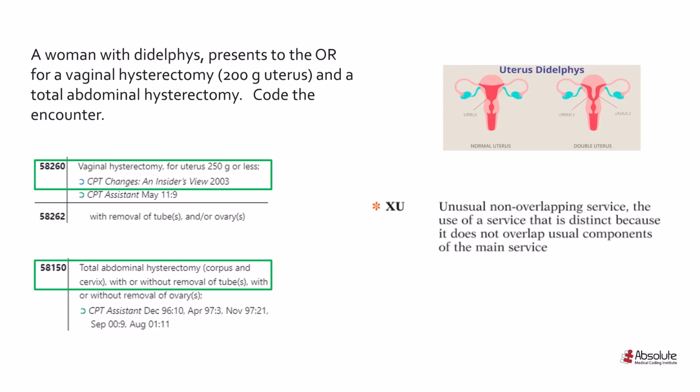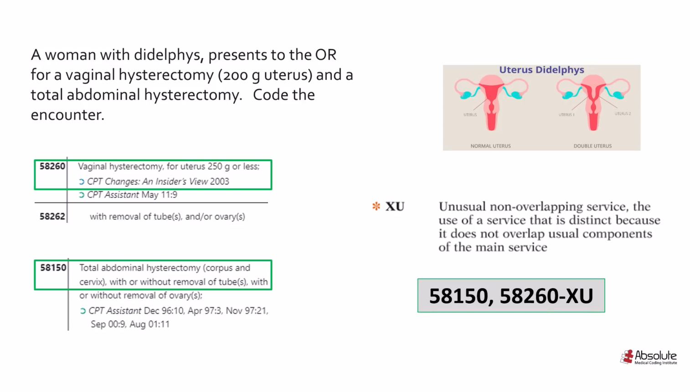This is an unusual circumstance, right? This patient has two uteruses and they do not overlap. The use of a service that is distinct because it does not overlap usual components of the main service. And this is how you would code it.